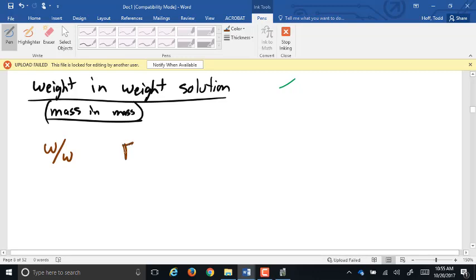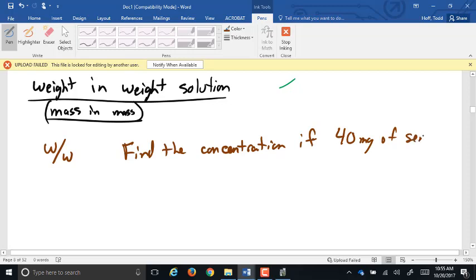So let's say find the concentration if 40 milligrams of serum is mixed with 240 milligrams of NS.